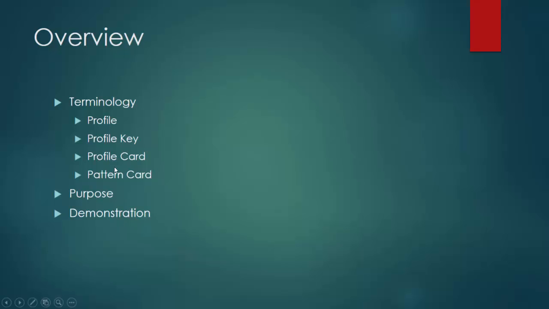And lastly is the profile card. When you visit a certain piece of content, such as a specific article on your site, you could set profile cards to that piece of content. That card would say that if they visit this article, they get 1 point towards their profile key article type.